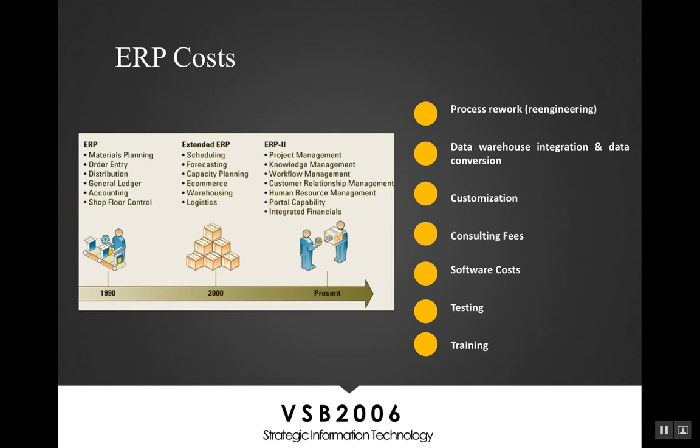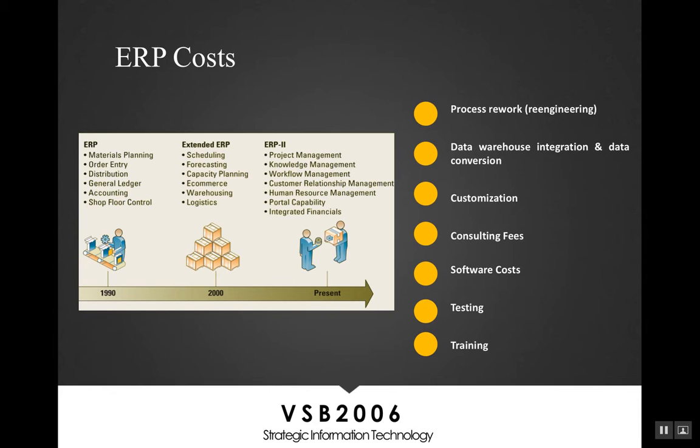All right. So as for the evolution we've seen, the first generation in the 90s was really focused on core business processes: order execution, distribution, general ledger, accounting, materials planning were the key things organizations were looking to implement.